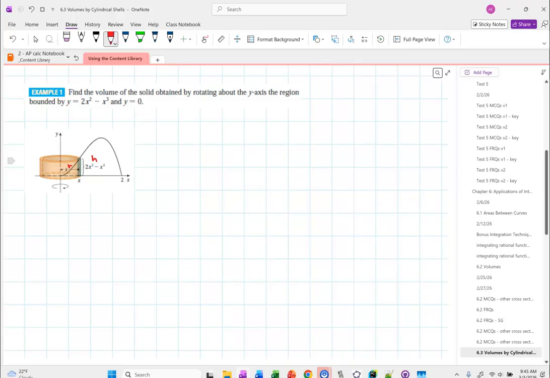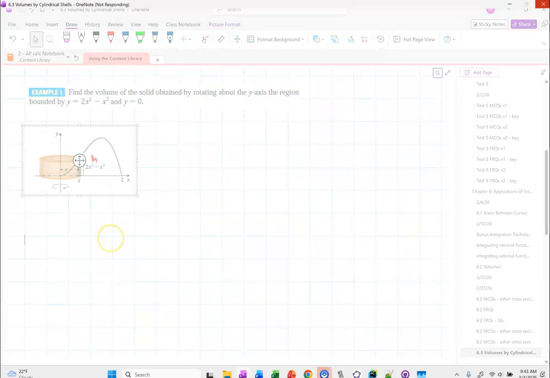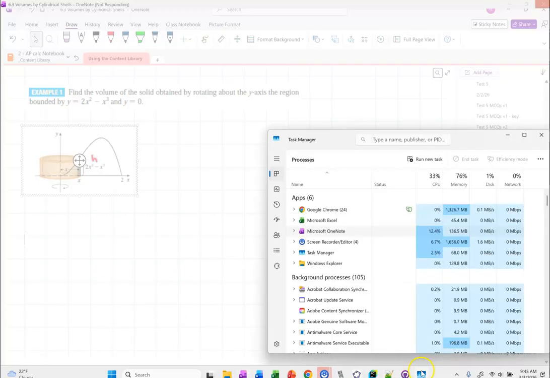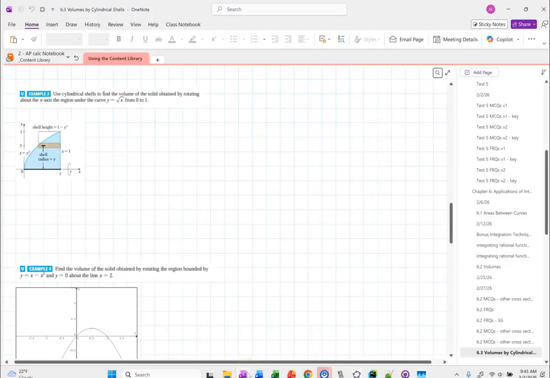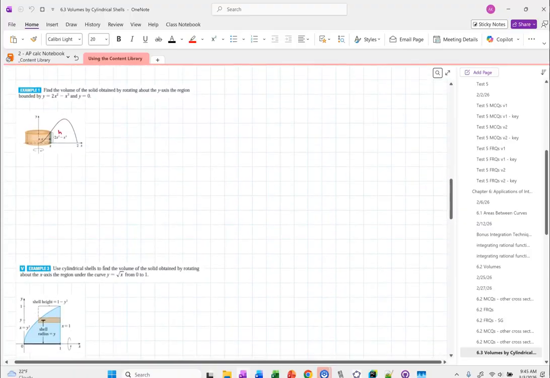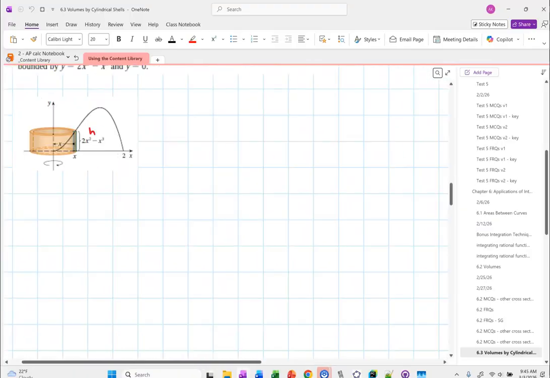So this is my radius of my cylinder. I'm sick of this. Why does it make me so upset? Why can't this just work? What are we doing, OneNote? Why is this such a problem? I just want to write on this and occasionally erase something.